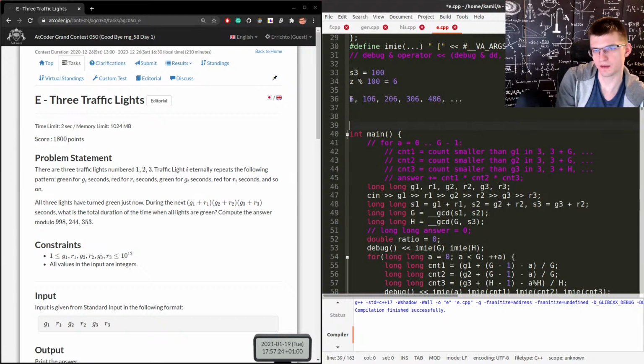Right. I can compute 6 modulo each of them, and then I increase by 100.